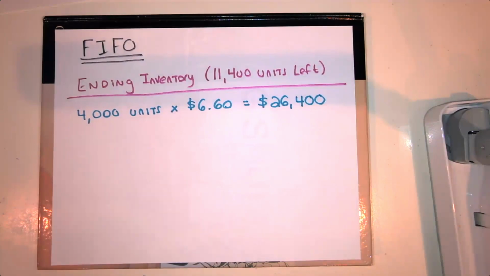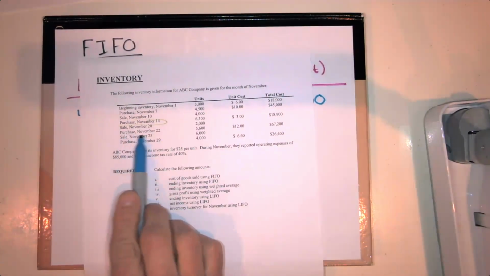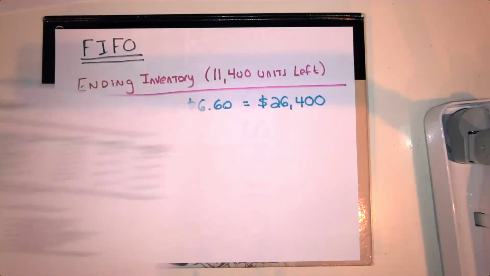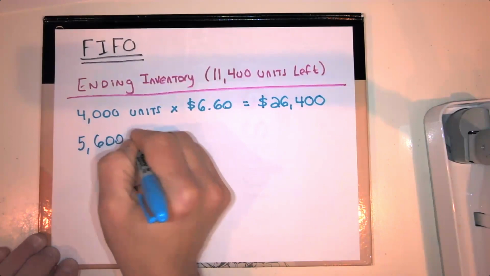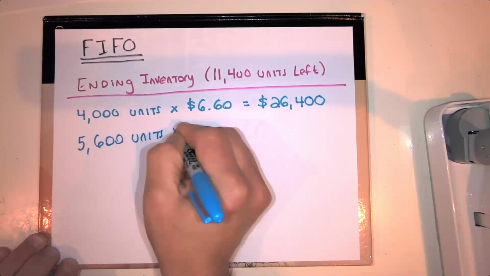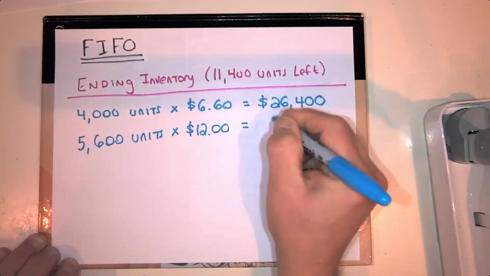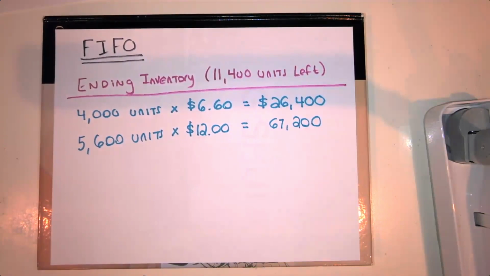So I go to my next newest inventory, the purchase on November 22nd, where I will take those 5,600 units, each costing $12. And that total cost of 67,200 assigned to our ending inventory.